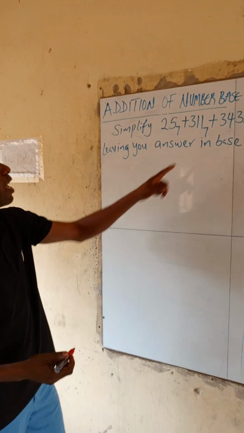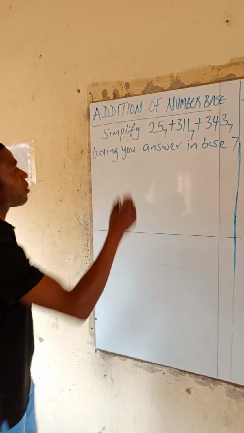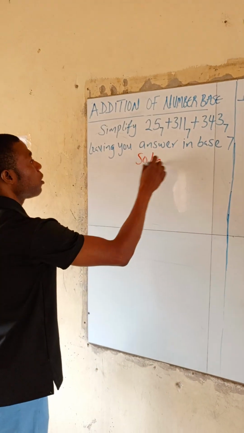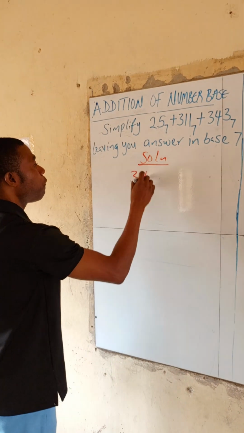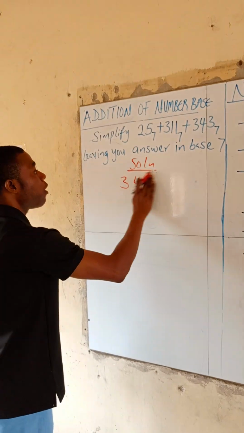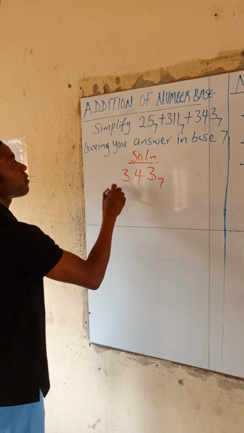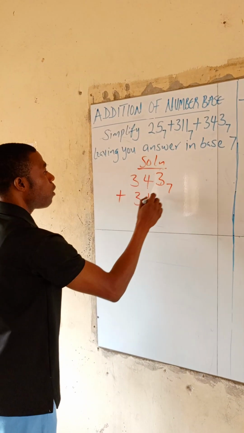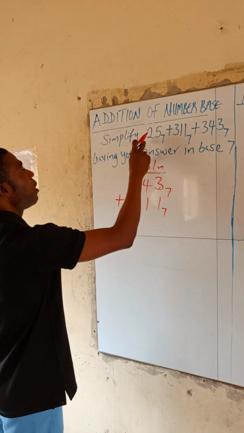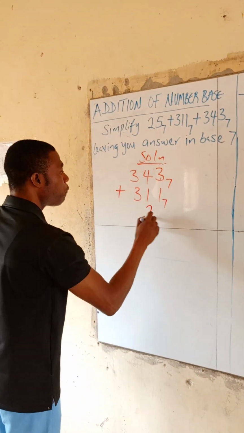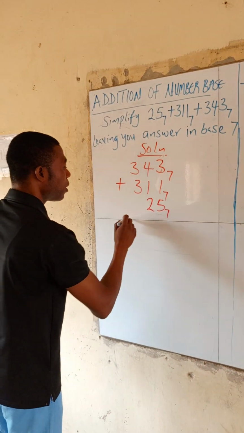So the biggest value here is 343 base 7. So we have the solution to be 343 base 7 plus 311 base 7 plus 25 base 7.